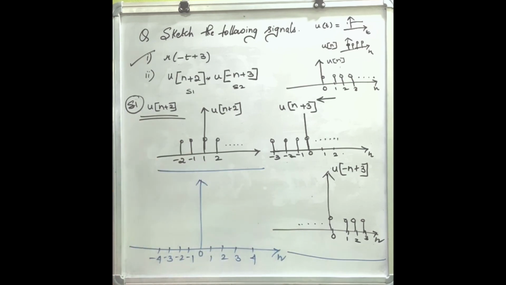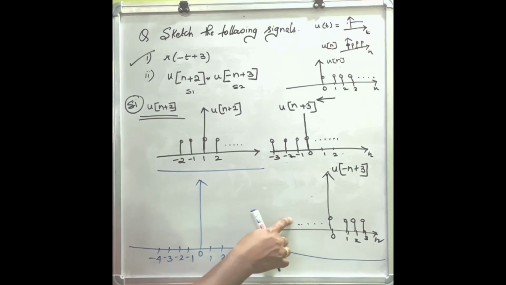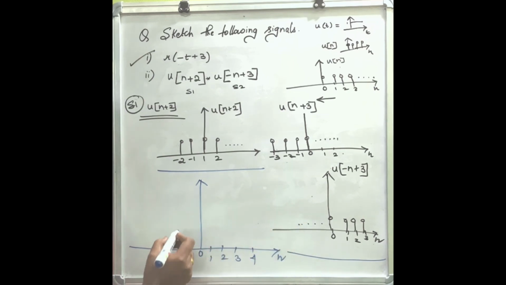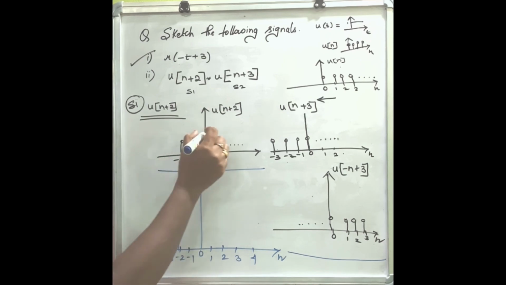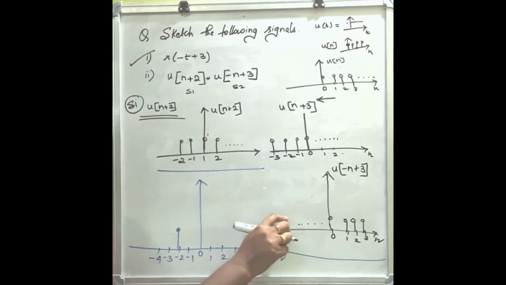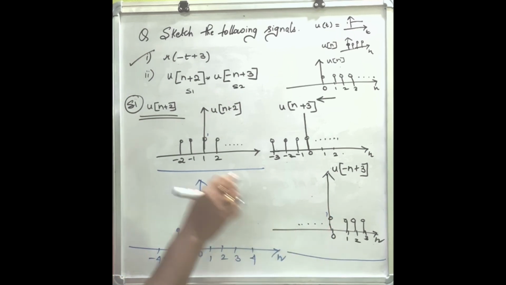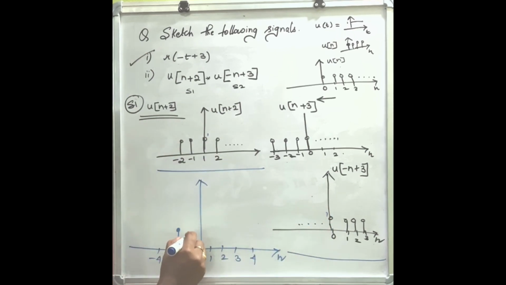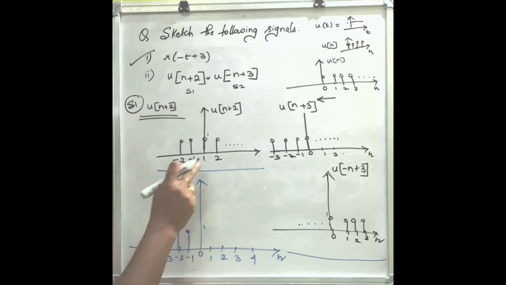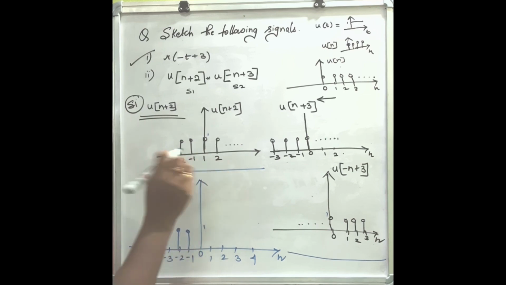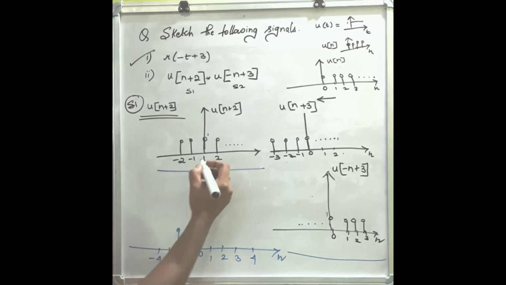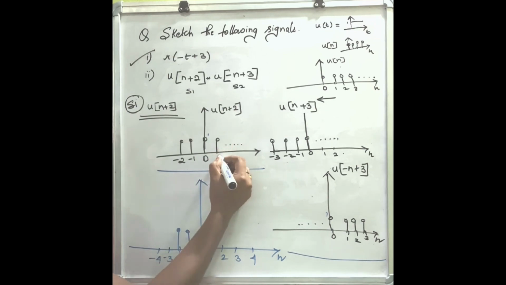So, at minus 2, what will we get? Here it is 1, and here it goes on, so here again it is 1. At minus 1, the amplitude is 1 here, and here also the amplitude is 1. So, 1 into 1, 1 again. At 0, small mistake, this is 0 and this is 1.